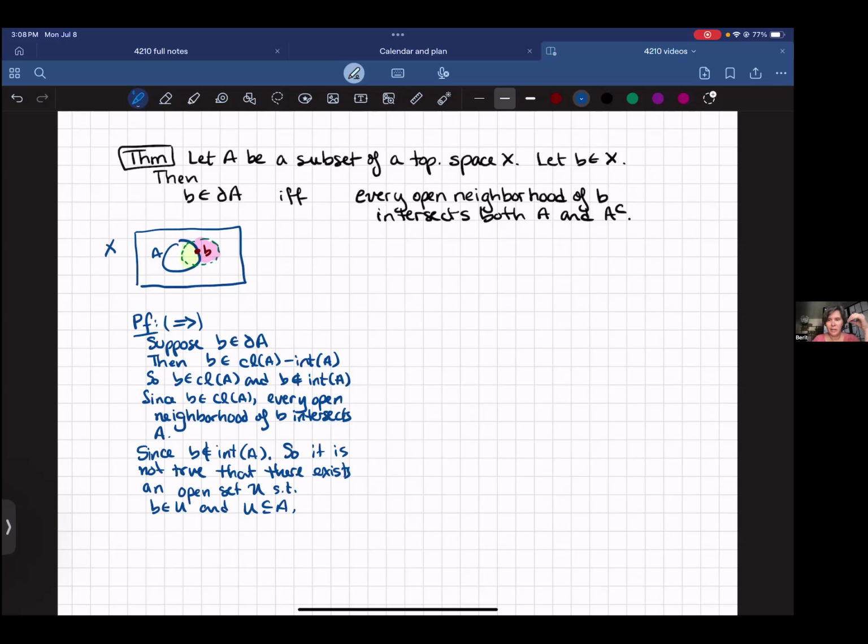So there can't be an open set with this property. That means that every open set that contains B can't be a subset of A.